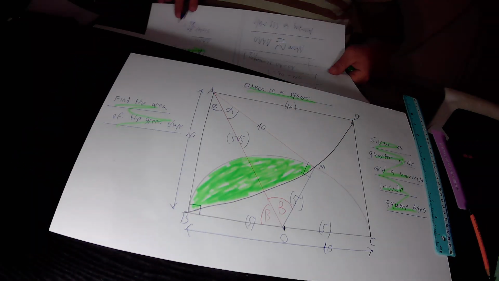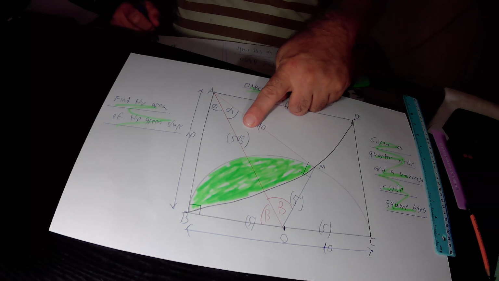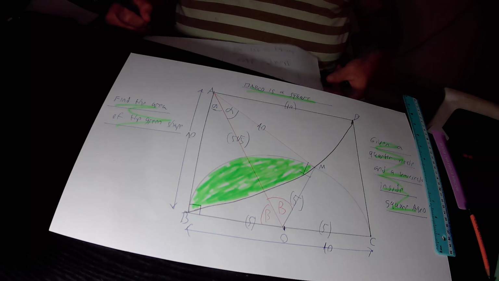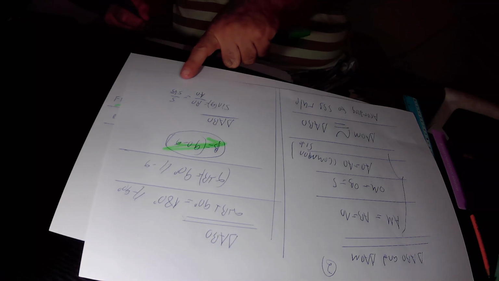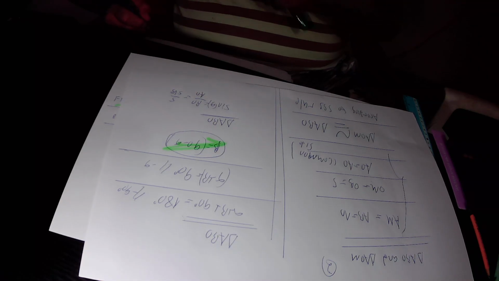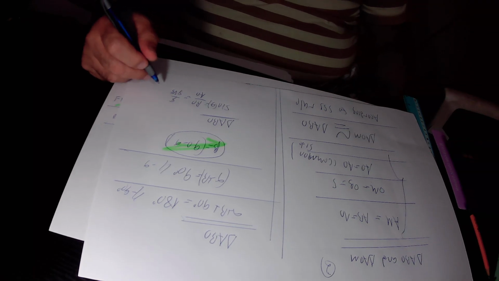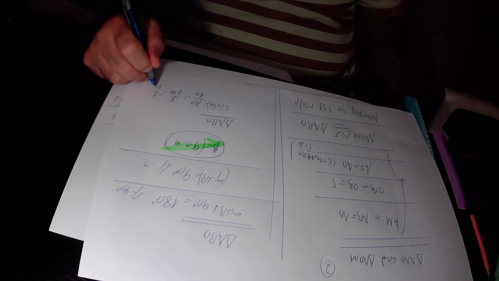BO is 5 over AO. AO is 5 times square root of 5. So in total, sine alpha equals 5 over 5 times square root of 5. We have 5 in the numerator and 5 in the denominator, so 5 gets cancelled, and we are left only with 1 over square root of 5.